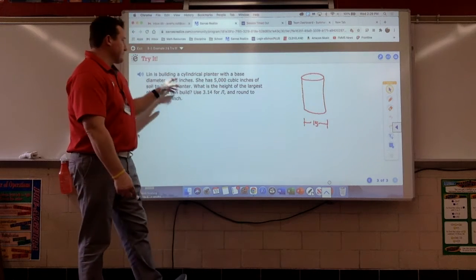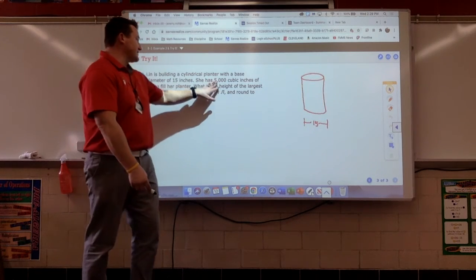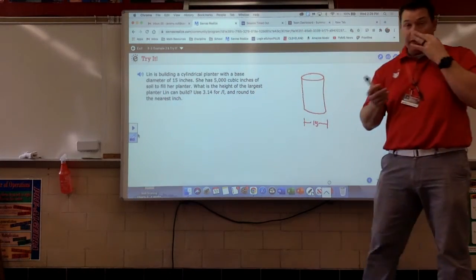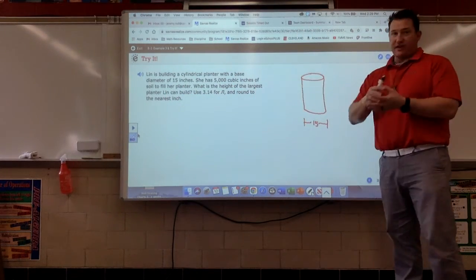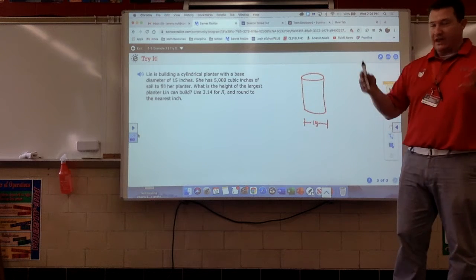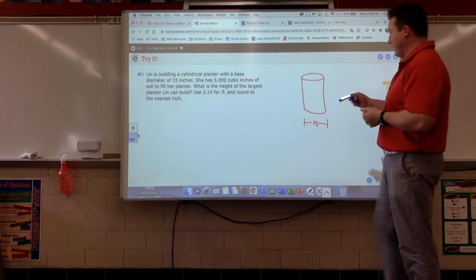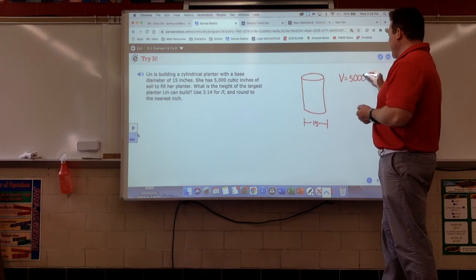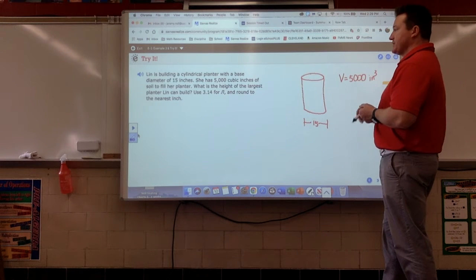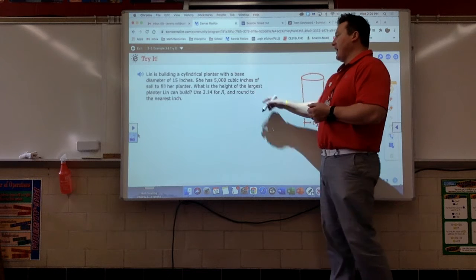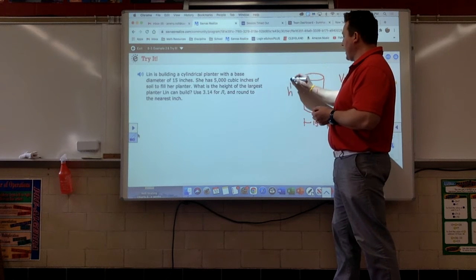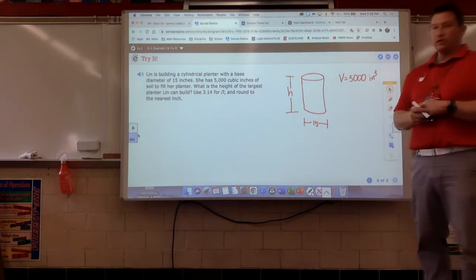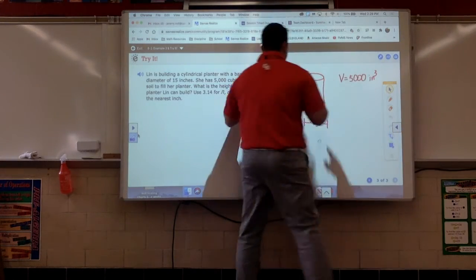She has 5,000 cubic inches of soil. So she could fill up a planter that was 5,000 cubic inches, or that's what the volume could be, okay? So I'll say the volume that she has is 5,000 cubic inches. What is the height, right? I don't know, right? I would like to know the height that we could use, okay? So write out our formula.